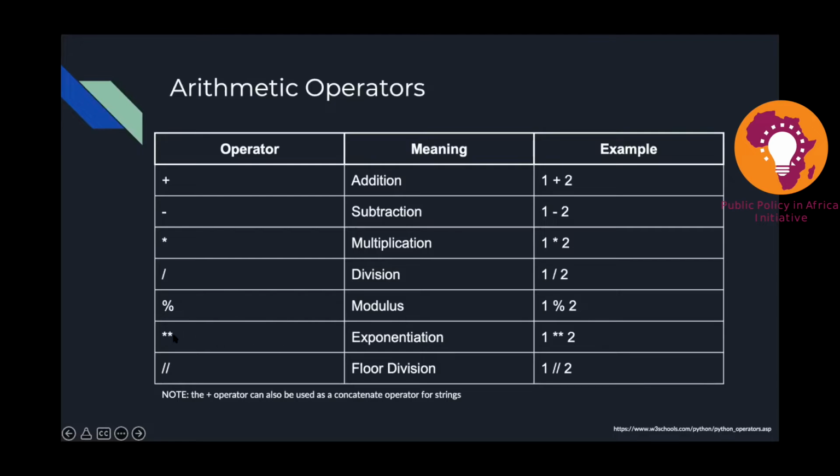So the next one, we have the double star, which is for, okay, I see something in chat. Not clear. Okay. So the modulus operator basically gives us the remainder, right? So let's try another example.